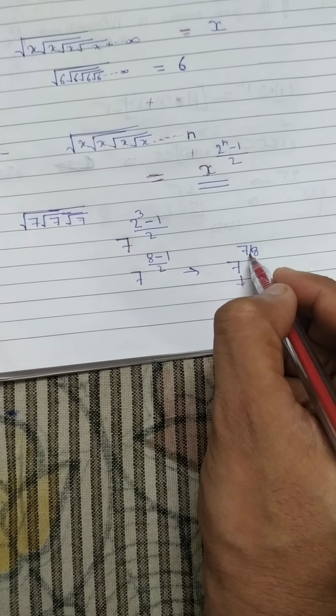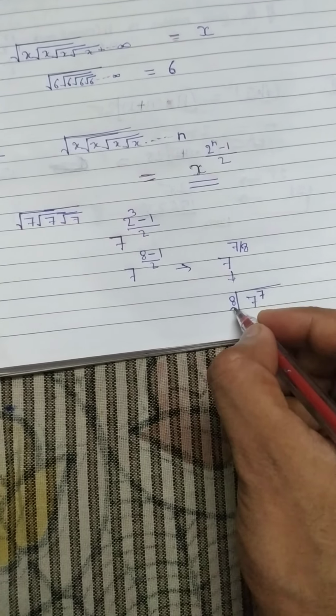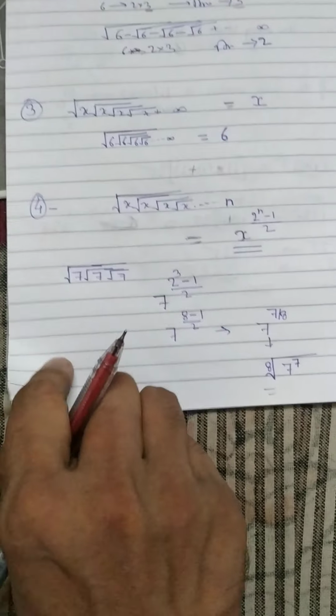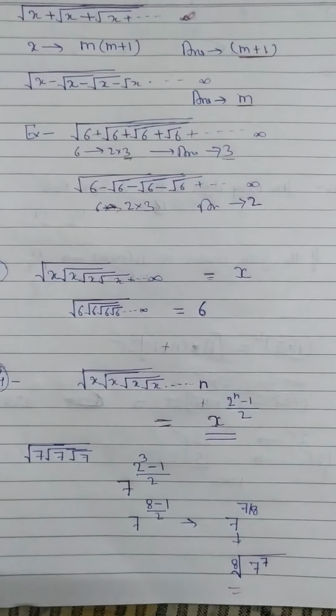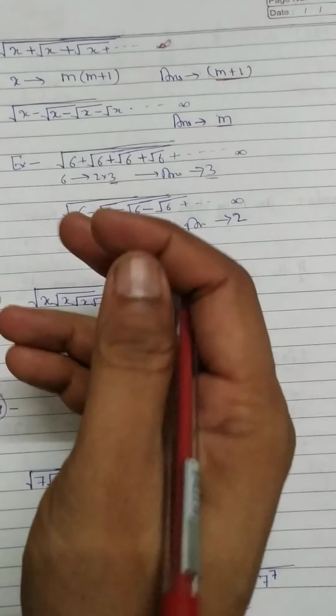It means the answer is 7 to the power 7 by 8, or written simply, the 8th root of 7 to the power 7. So this is your formula. Okay, you must know this most important question, asked in maximum competitions. Similar questions are asked, only the digits change.